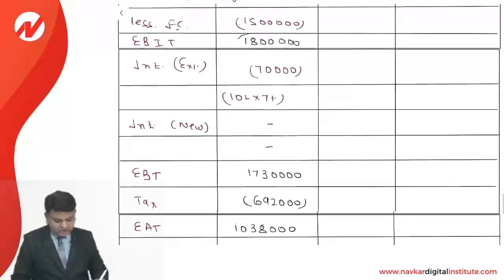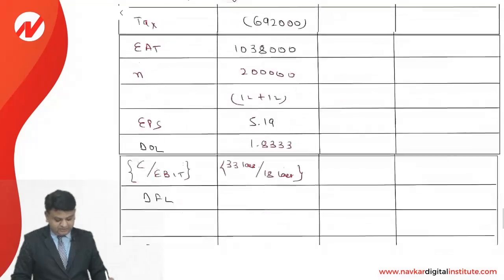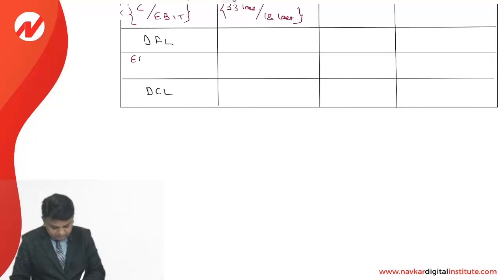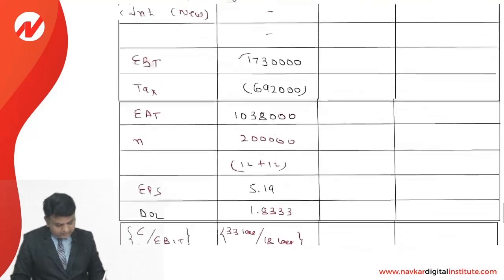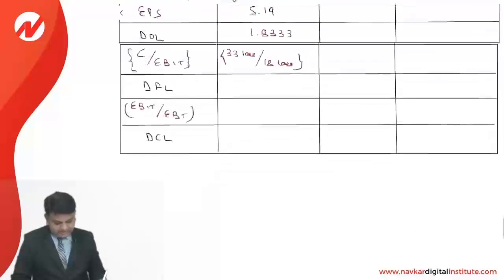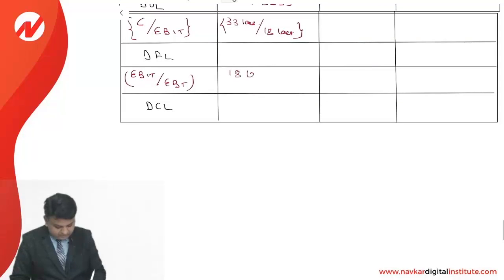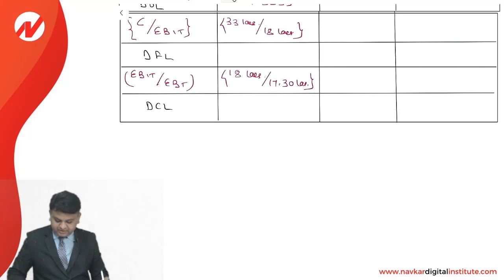Degree of financial leverage is operating income, EBIT, upon earning before taxes, that is 17 lakh 30,000. So 18 lakhs divided by 17 lakh 30,000. So 18 upon 17.30 is 1.0404, or we can take 1.0405 also.